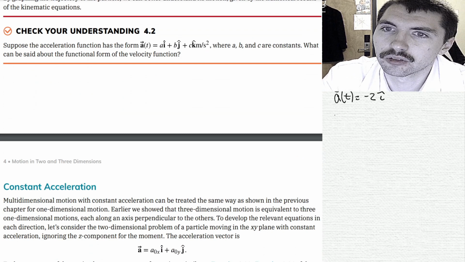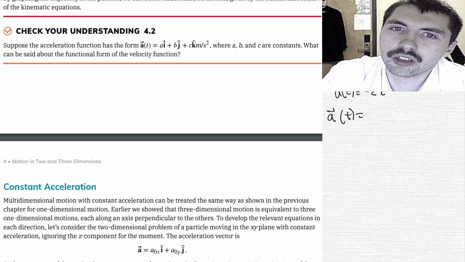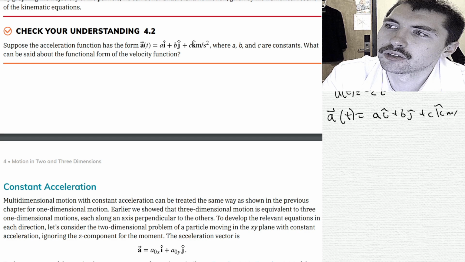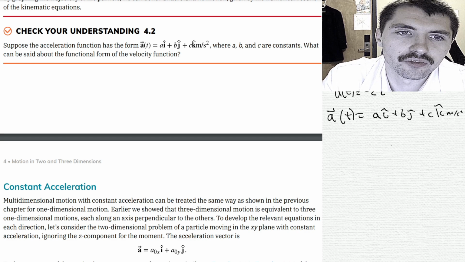Okay, so a P is a i, C k hat. What can be said about the functional form of the velocity function?